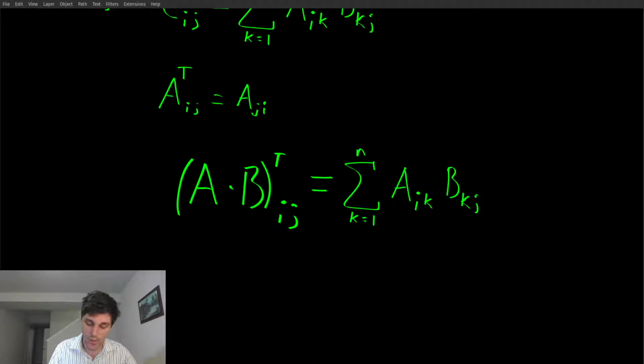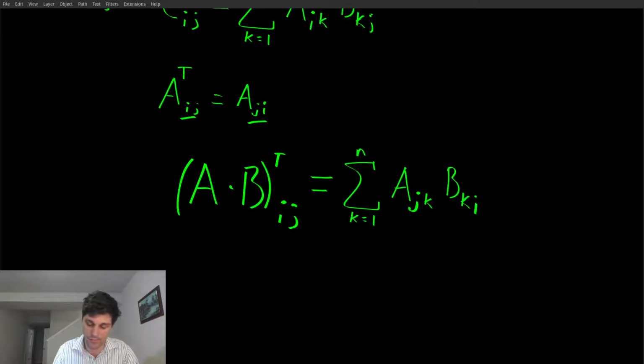So what I need to do is swap the j and the i, right? So this is going to become a j right here, and this one is going to become an i, because of this fact.